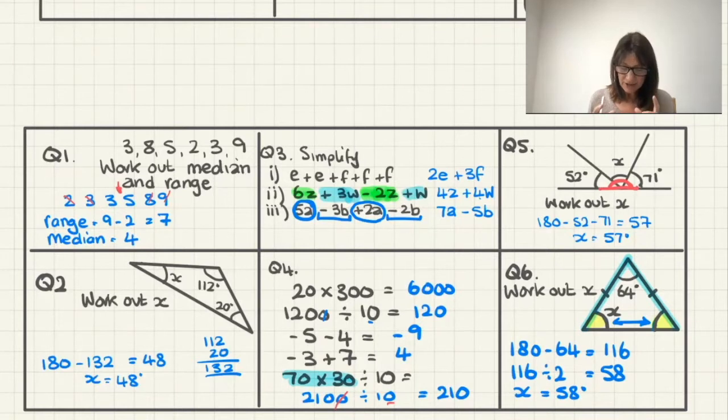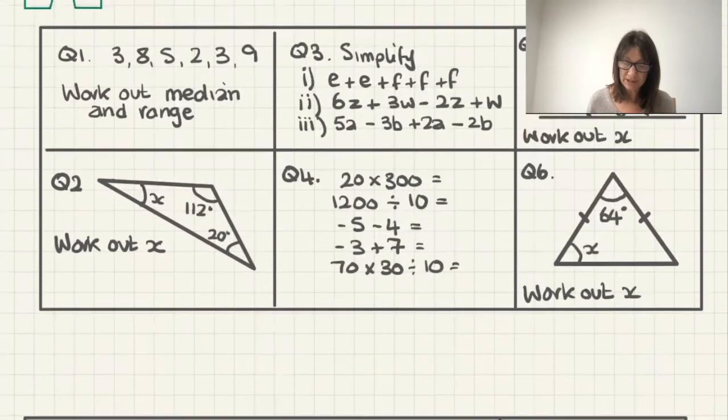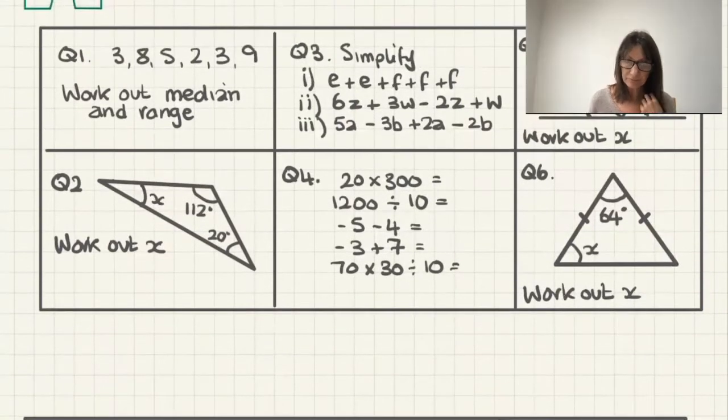Okay, so let's look at this question 6. Let's look at the actual question first of all. So let me just pull that back down. When I look at this question, my brain should be going through a process. So I'm looking at the diagram and I'm going to be saying to myself, okay, I can see it's a triangle. So I know that this is going to be 180 degrees.